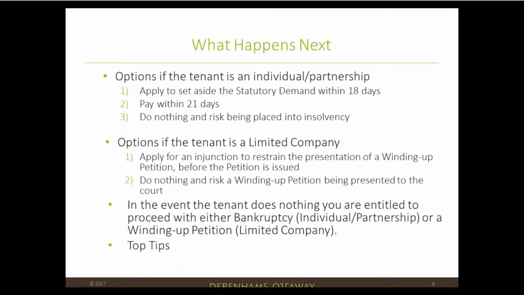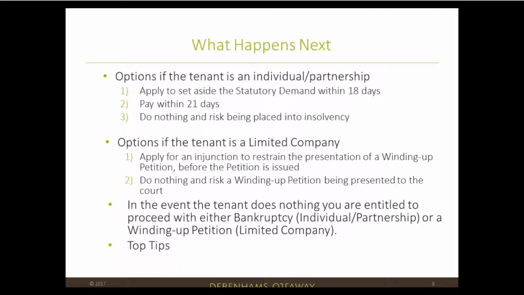If it's a limited company, then they can apply for an injunction to restrain you presenting the petition. That's obviously before the petition is issued. And again, the reason for that would be if there is a genuine dispute, or again, the demand is invalid. And it is important to emphasise that the dispute does need to be genuine.